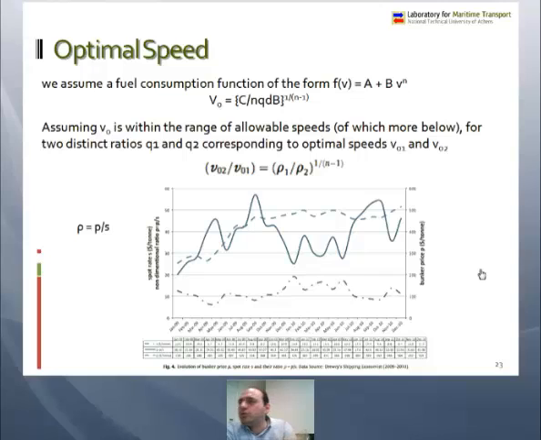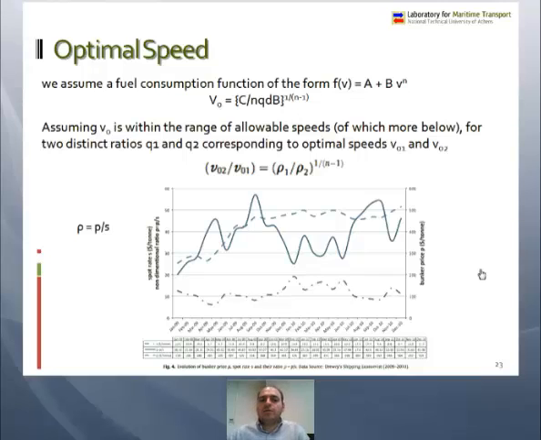In most cases, we assume it cubic. But on the other hand, there is also this constant factor A, because we also have a fuel consumption even when the ship speed goes very low.